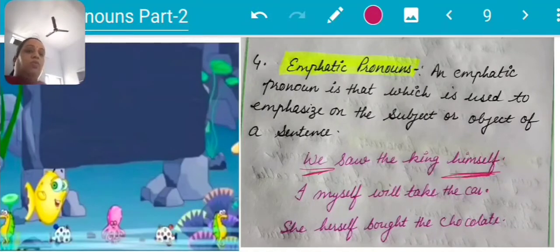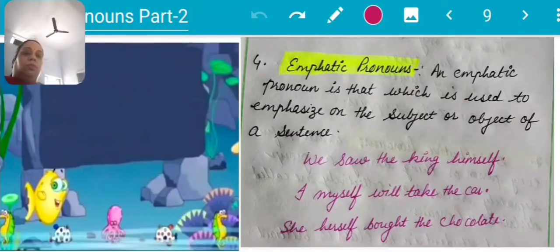If it were a word reflecting the subject, then for we it should be ourself, but it is himself. So this is not reflexive here. Whatever is just the same as the subject, like I myself, she herself, we ourself, is reflexive. But here the word himself is not reflecting we. Clear? So this is emphatic pronoun.